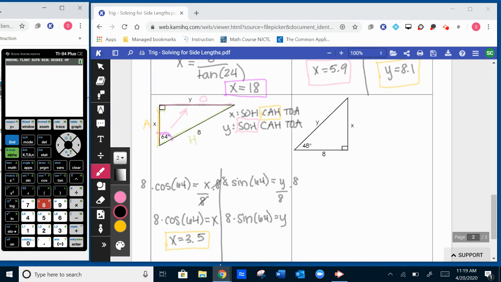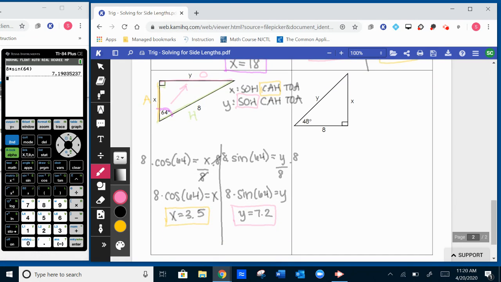Plug it in. And we get 7.2. And last problem.